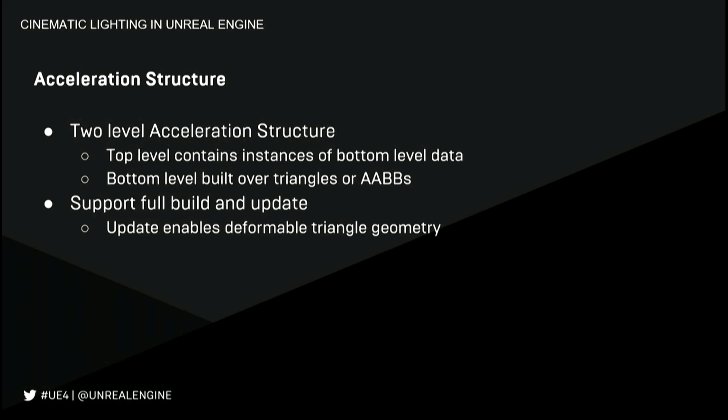We also support 2 types of acceleration structure commands. One is to do a full build, and the other to do an update, which is a lot faster. And it's really, really important to enable deformable triangle geometry in real time.